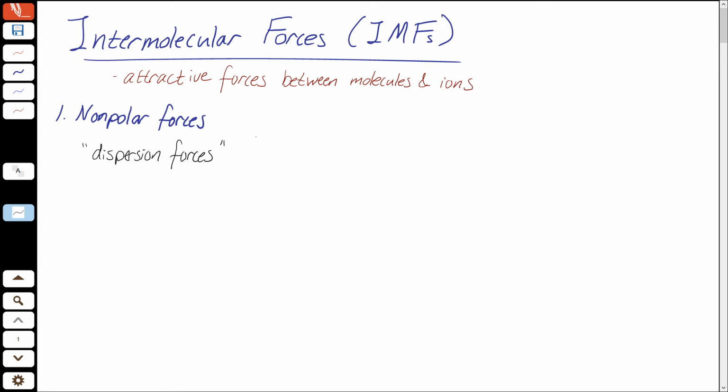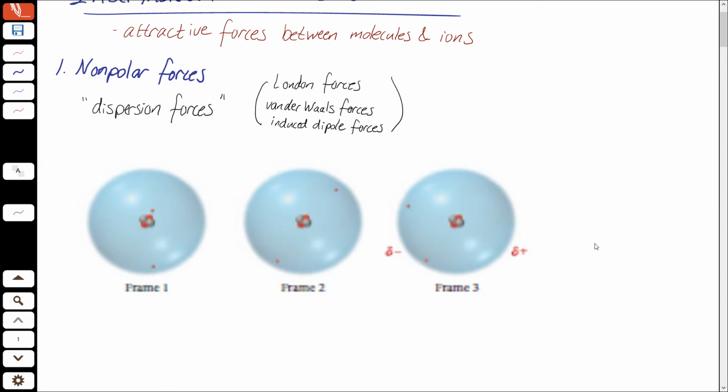So first of all, what is the problem with that statement, this idea? Is it possible to know where the electrons are in an atom?